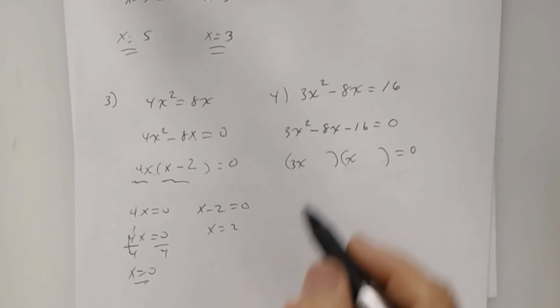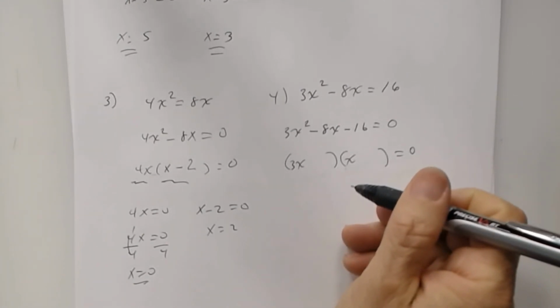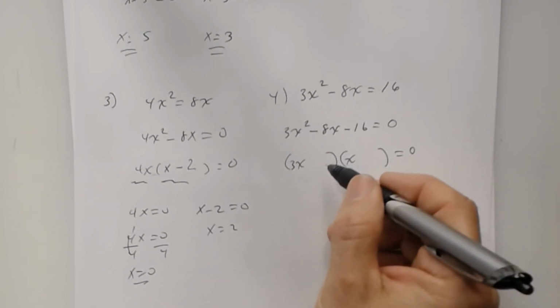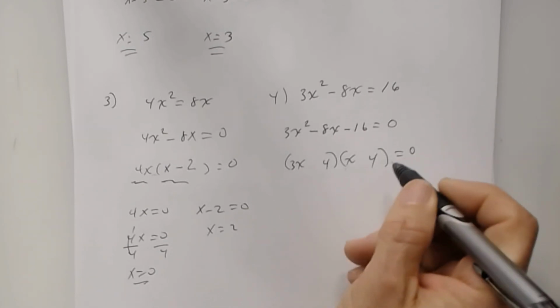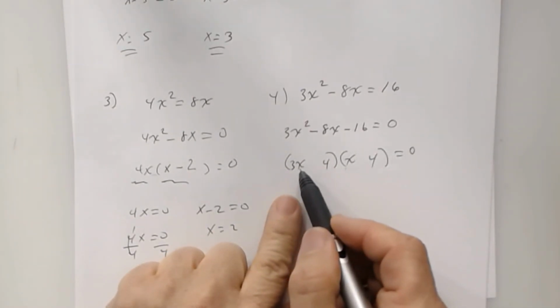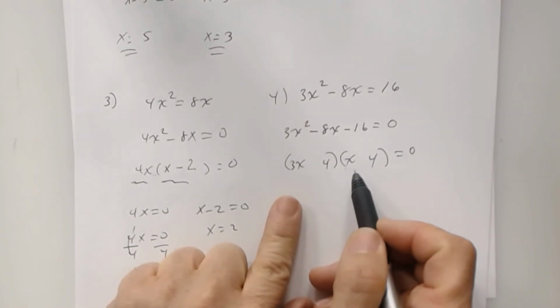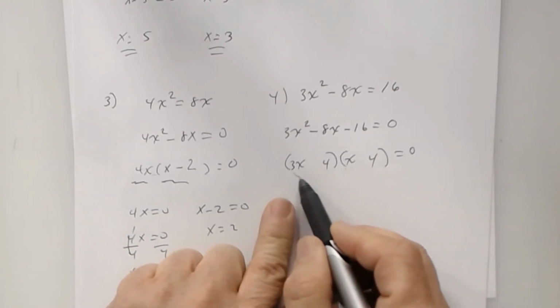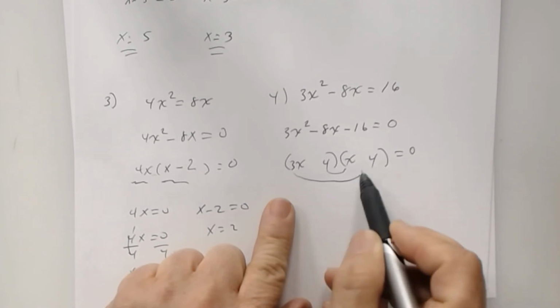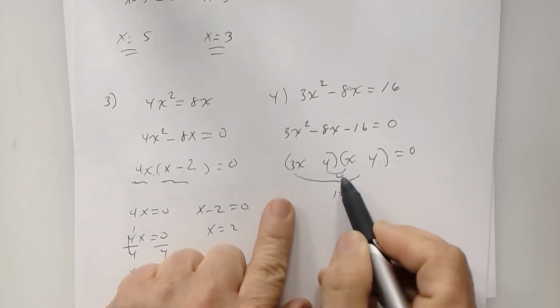All right. So we said 4 and 4, right? Since 4 and 4 are the same number, it doesn't matter where I put the two 4s. Now, before I do the signs, let's make sure those are the numbers I need. We just looked at the outer and the inner. What's the outer? 12x. What's the inner?